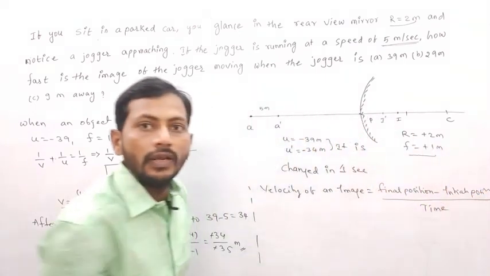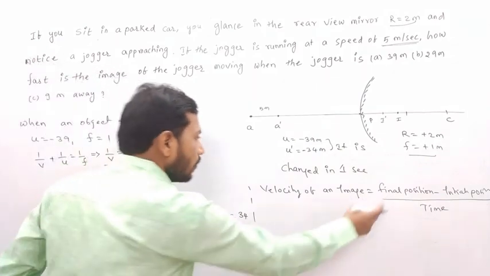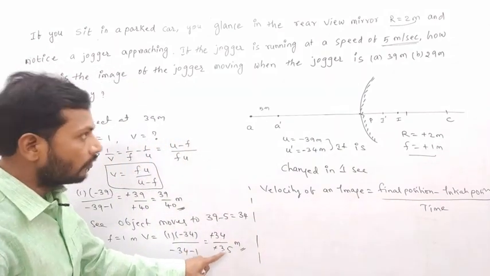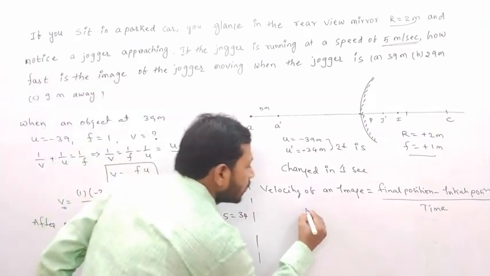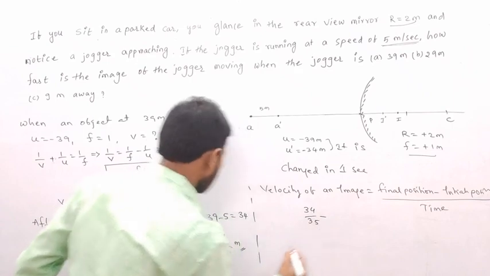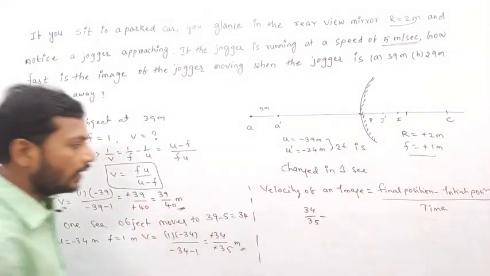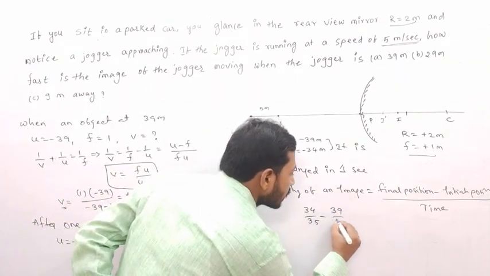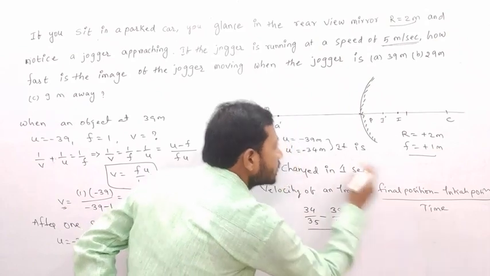This formula you know very well. The final position is 34 by 35, minus the initial position, 39 by 40, divided by the time.